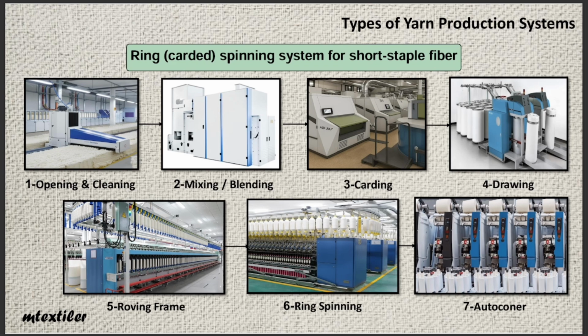For instance, 30% high-quality cotton, 40% medium-quality cotton, and 30% low-cost cotton can be blended, so that in the end we have uniform yarn. One of the reasons for using this machine is to ensure optimal fiber blending and uniformity in the final yarn.